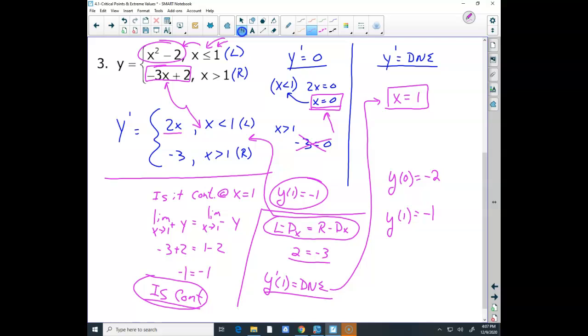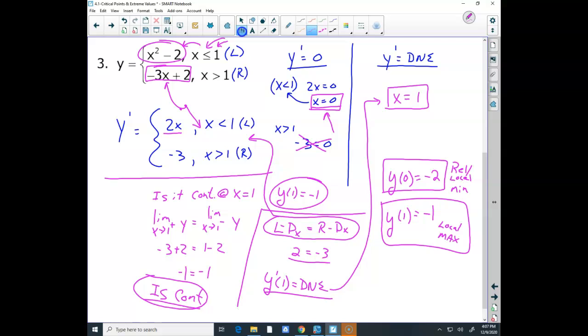So this is kind of what my graph is going to look like. At 0, this is the vertex of that upper piece, so that's a relative or local min. And y equals 1 was a little bit higher because that was at negative 1, so that means this is a local or relative max. So there we go.